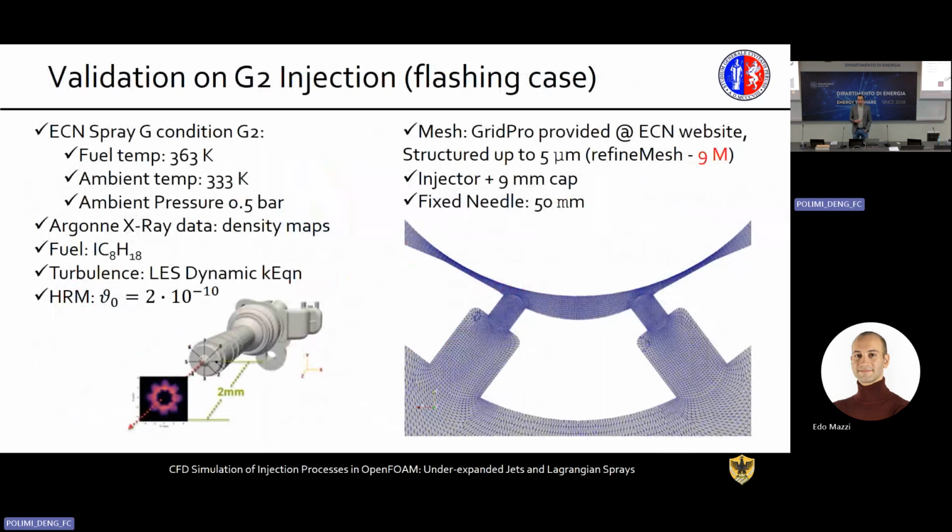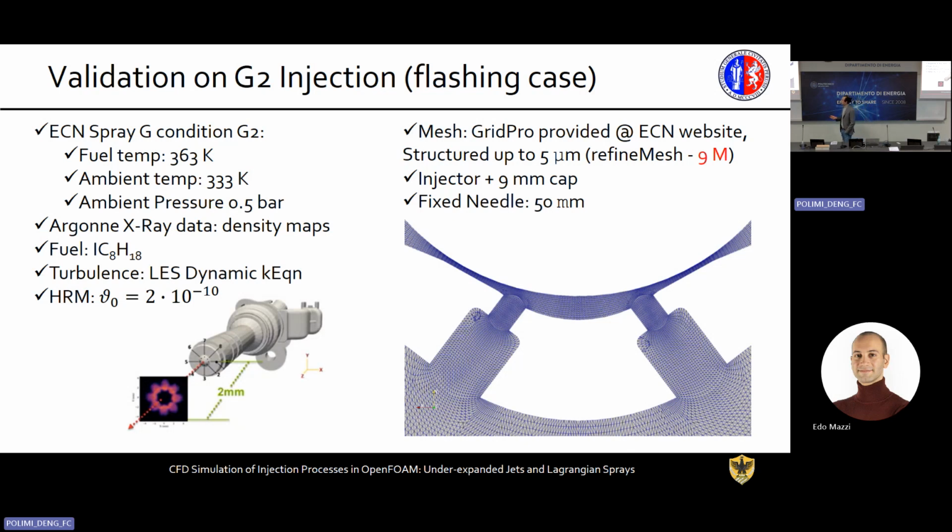So we need to validate this code, this multi-phase compressible with phase transition solver, and we obviously rely on SCN data, which give us so much information. Spray G, all of us know the G2 condition.